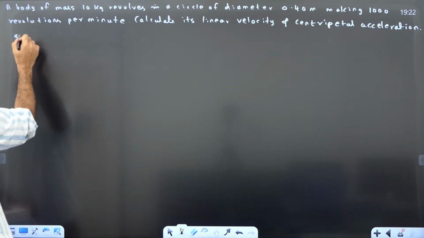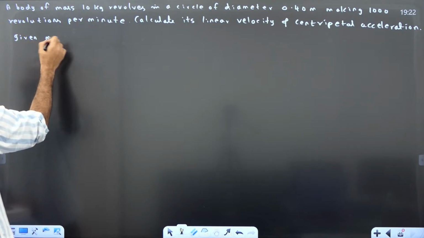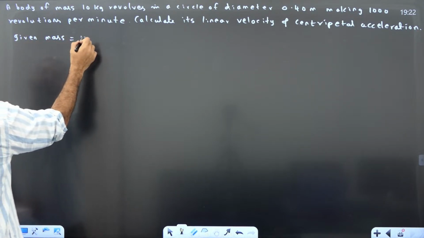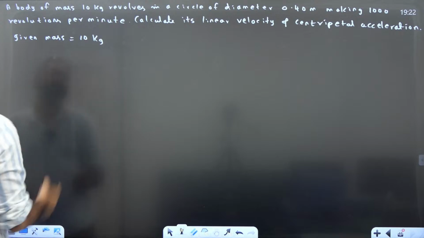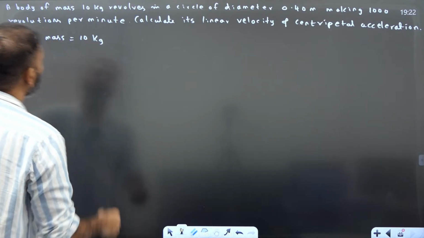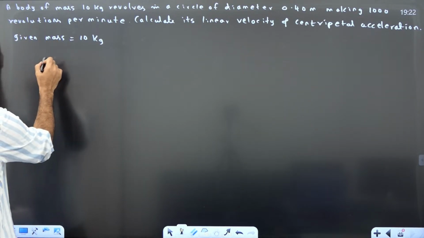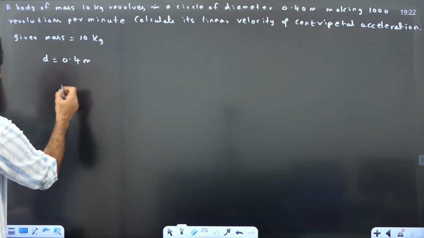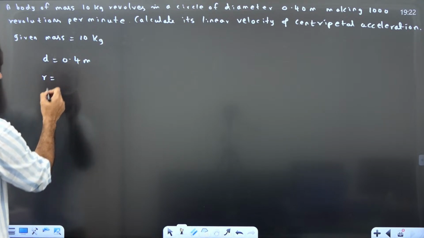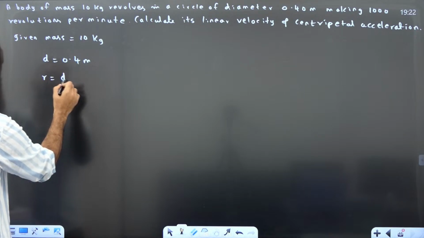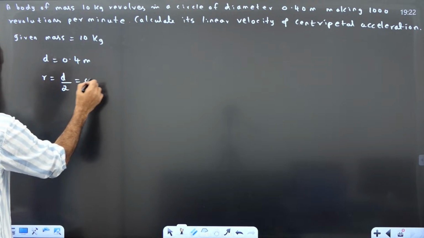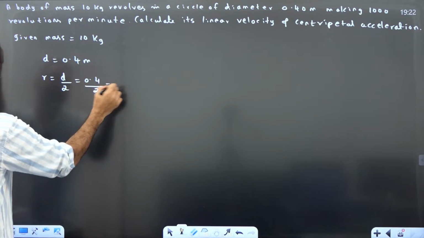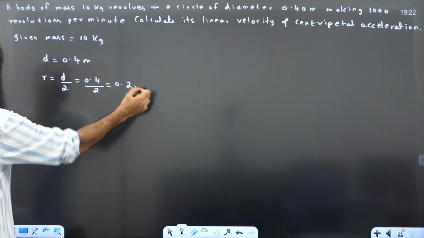Given, mass is equal to 10 kilogram. Diameter is equal to what? Diameter equal to 0.4 meter. So radius equal to what? Diameter by 2, that is 0.4 by 2 is equal to 0.2 meter.